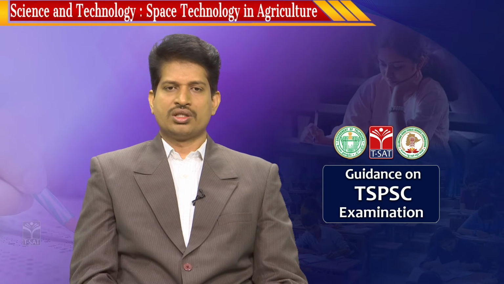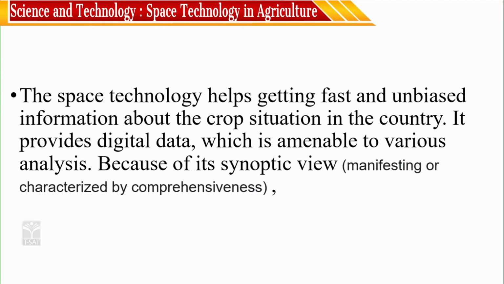The space technology helps getting fast and unbiased information. So the information what you are receiving by the satellites is unbiased because it is not being subjective by individuals. It is information given by a machine, so it will be as it is without any distortions.